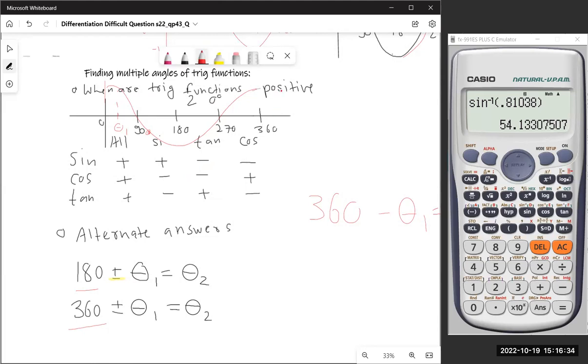Then that would give me an answer right here. That would be correct. 360 minus theta. So I have 3 possible answers for this, right? All of these are correct. But in the domain, you must only get an answer from 0 to 360, not more than 360. They don't accept it, right?